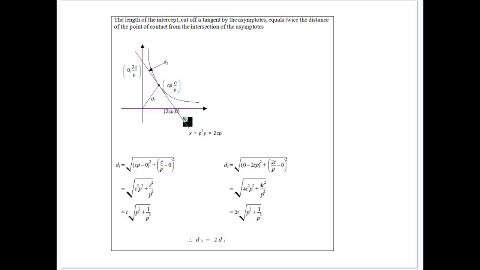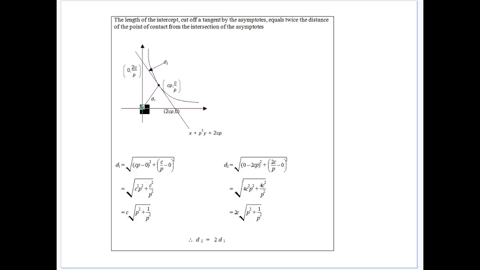So there's our tangent there, and it's cutting off our points at the axes, which are the asymptotes. And then the distance from that point on the hyperbola to the intersection of the asymptotes, which will be the origin. So that makes life easier. We want to prove that the length of the tangent where it's cut off is twice that distance there.